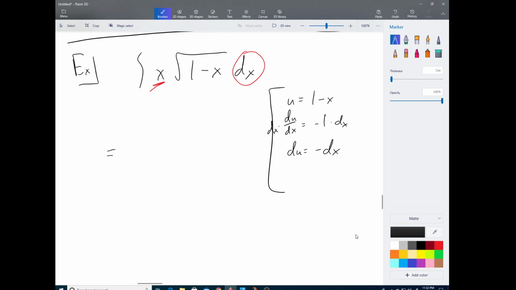If I go through and start substituting this in, well, let's actually, first of all, let's move that negative over. I'm going to have negative. I'm still going to have this x here, and I'm going to have the square root. I'm going to go ahead and substitute in what that equals. And substitute in, I already did the negative. Let's finish it off with the du. And here's where you're going to run into problems.